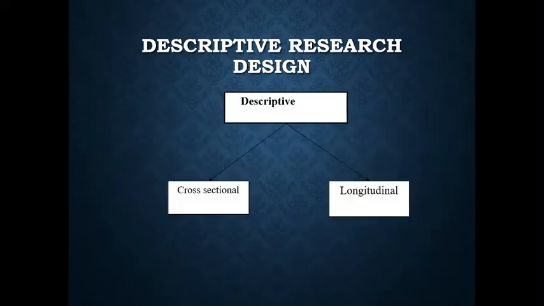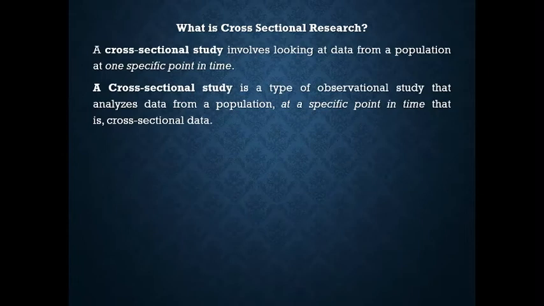The descriptive research, as I previously told, has two types. One is the cross-sectional and other is the longitudinal. The cross-sectional is that study which involves looking at the data from a population at one specific point of time. A cross-sectional study is that type of study which is actually an observational study which analyzes the data from a population at a specific time point.